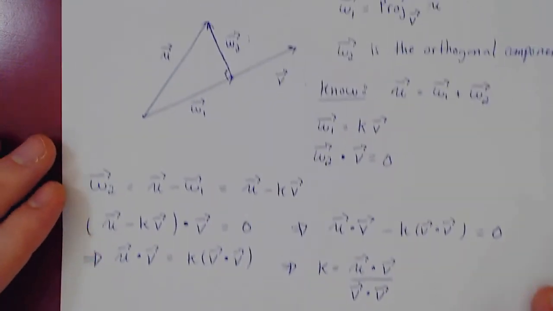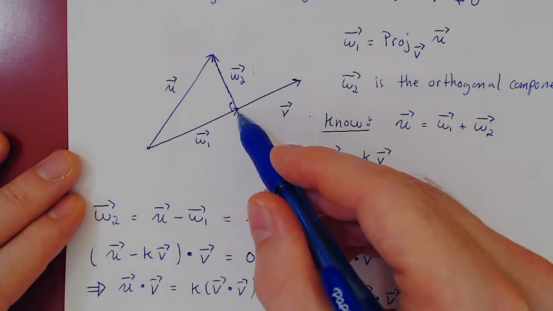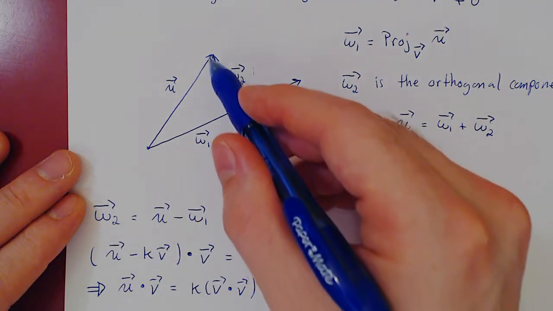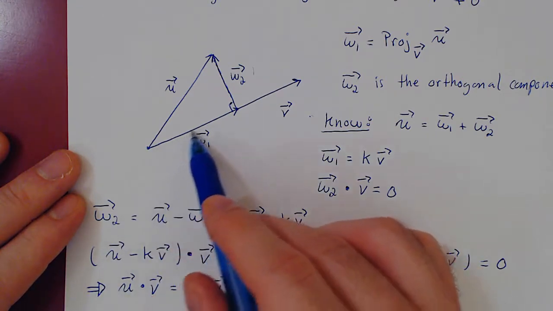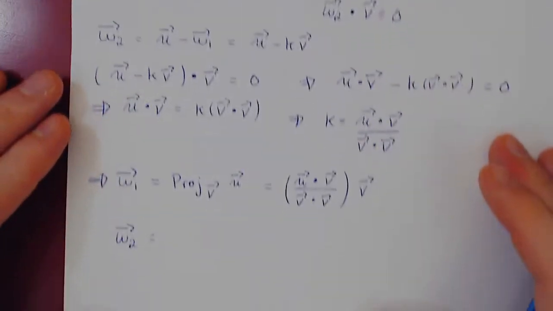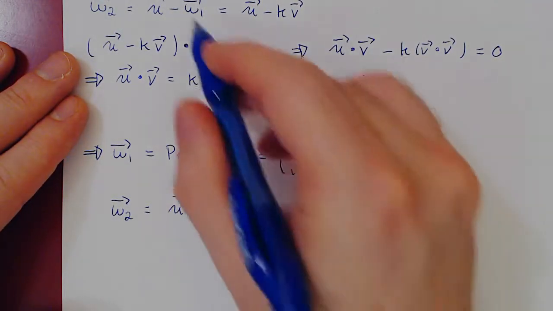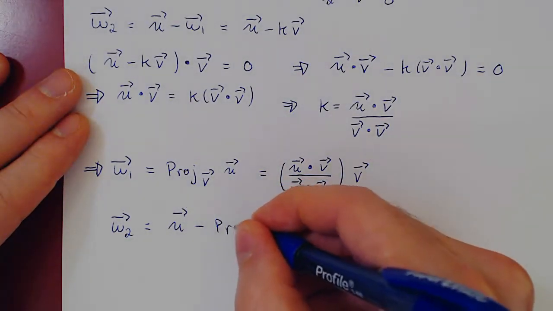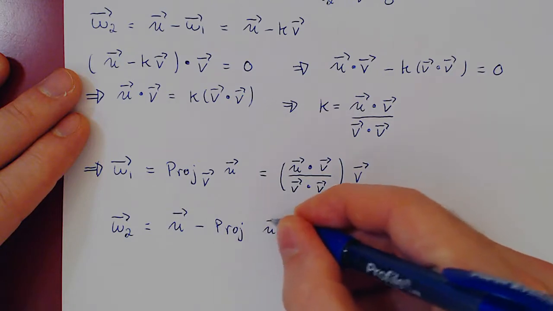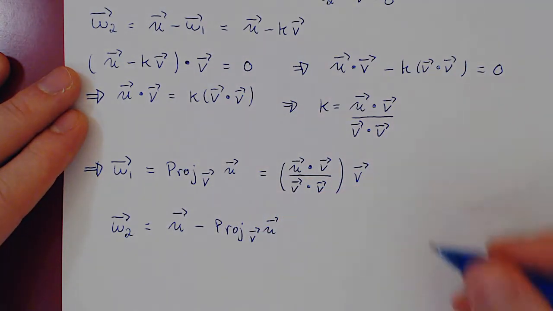This will give you the vector component of u along v, the projection. And the orthogonal component is, as we have said before, simply vector u minus the component of u along v, the projection. So this is simply u minus the projection of u onto vector v. So there you have it.